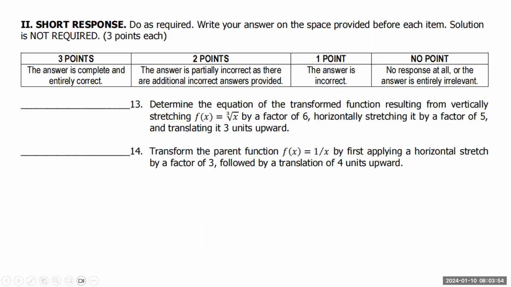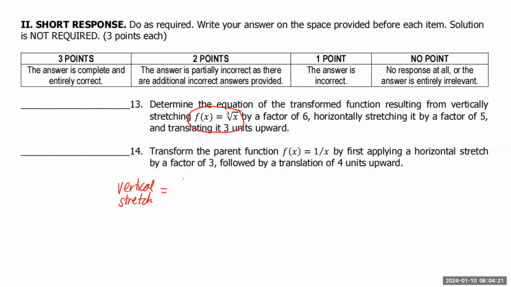Part 2. Determine the equation of the transform function resulting from vertically stretching this one by a factor of 6, then horizontally stretching it by a factor of 5 and translating it 3 units upward. Okay, so ano yung meron tayo? Meron tayong tatlong types of transformation dito. So meron tayong vertical stretch.